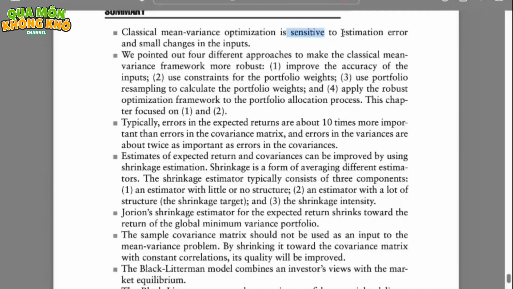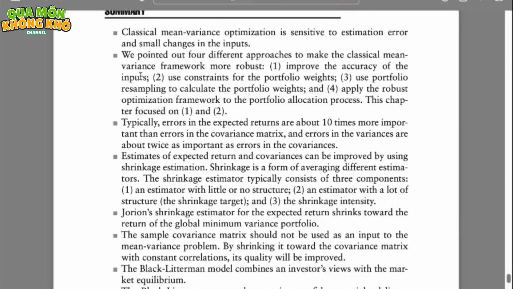Classical optimization is very sensitive to estimation error and small changes in the inputs. So we have the return matrix and the covariance-variance matrix, and if either matrix is not correct, it leads to our optimization not being efficient.